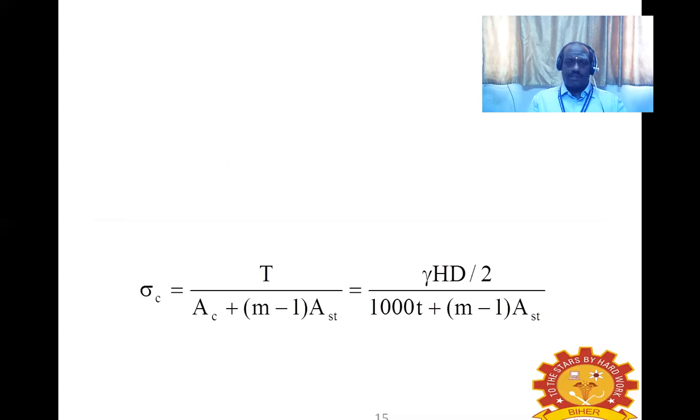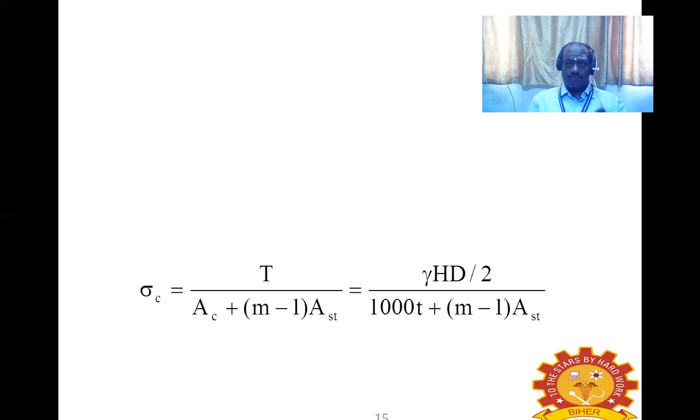For that, we need to go with the design. In that, the main stress is nothing but the tension divided by area of the concrete plus m minus 1 into area of steel.